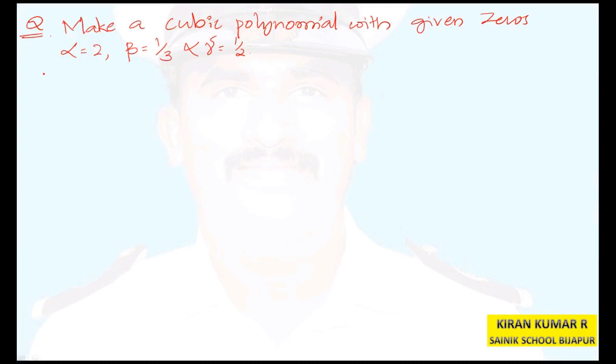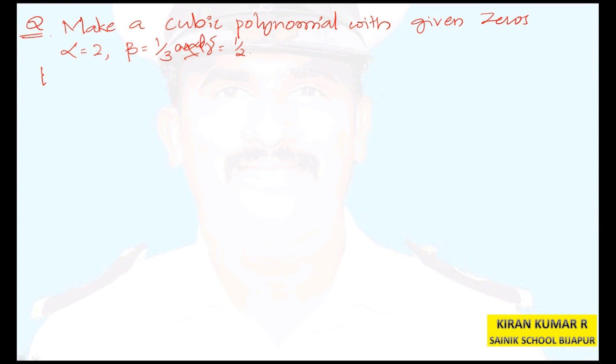Suppose there is a question: make a cubic polynomial with given zeros, alpha equal to 2, beta equal to 1 by 3 and gamma equal to 1 by 2.